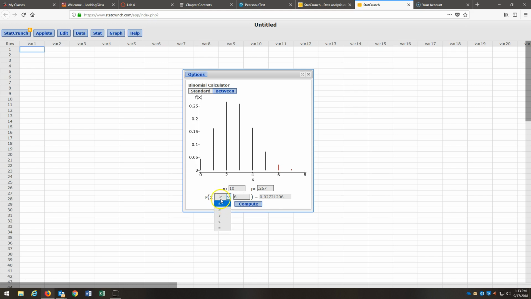Make sure that you are careful about strict inequality versus inclusive inequality. Phrases like at most, at least would indicate inclusive inequality. Things like less than, more than would indicate exclusive or strict inequality. So be careful about which you choose.